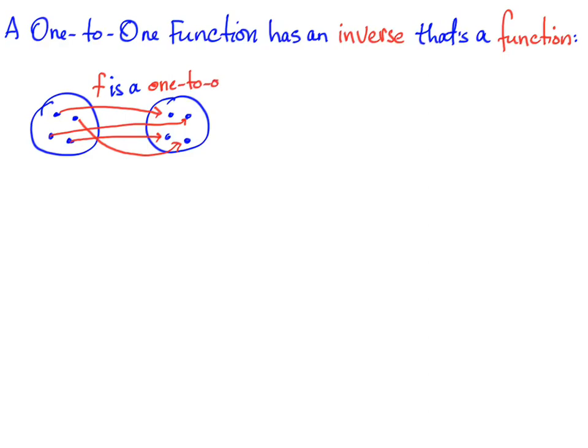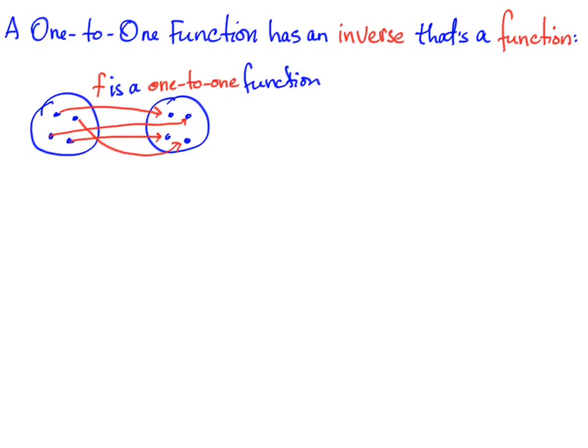And because each dot on the right has exactly one arrow coming into it, that makes it a one-to-one function. So it is both a function and a one-to-one function. To tell if it's a function, you look at the arrows coming out of the dots on the left, the inputs, to see if there's only one arrow coming out of each input. That makes it a function.